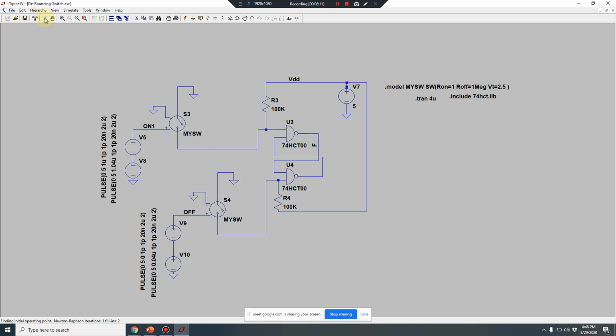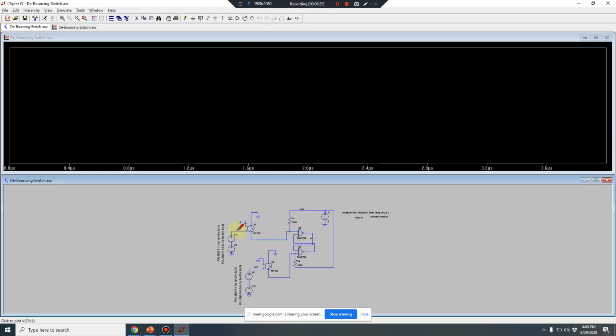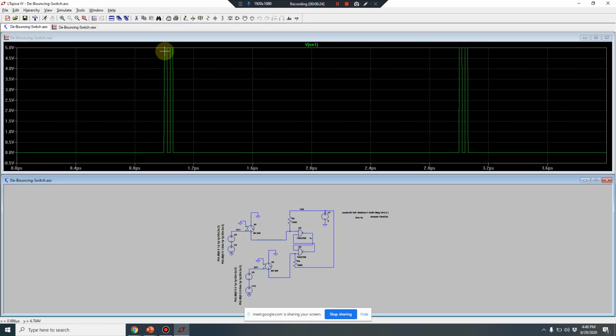If I try to plot that waveform, if I am switching it on, this is my on switch. The moment I am switching it on, there are multiple on-off conditions.